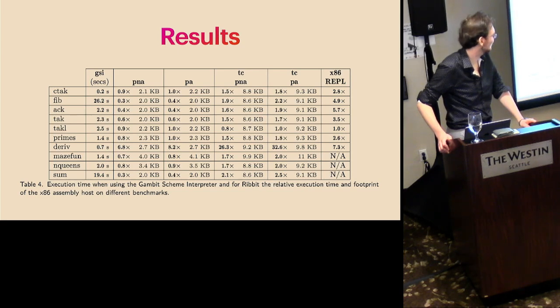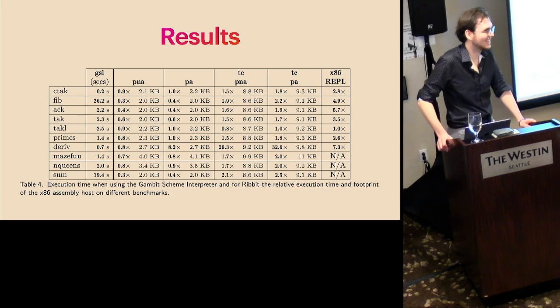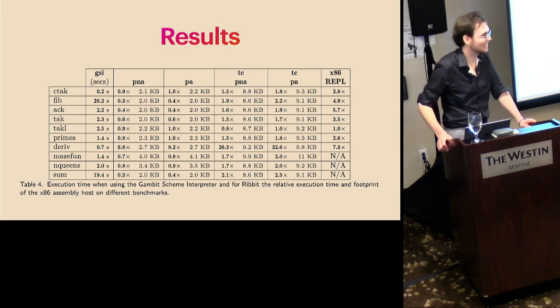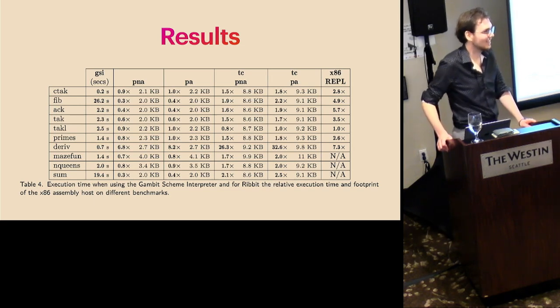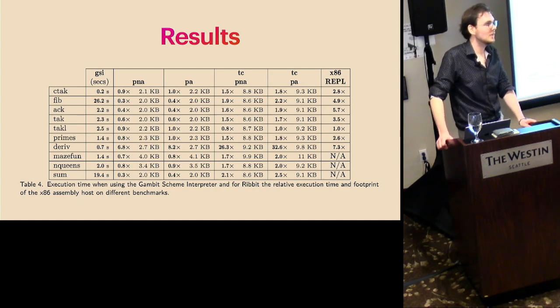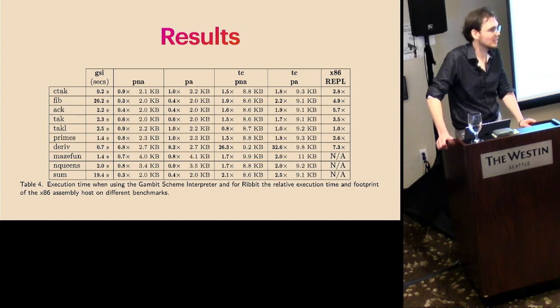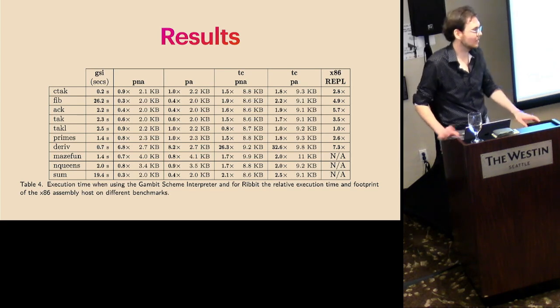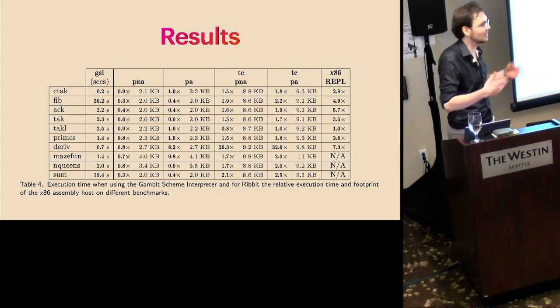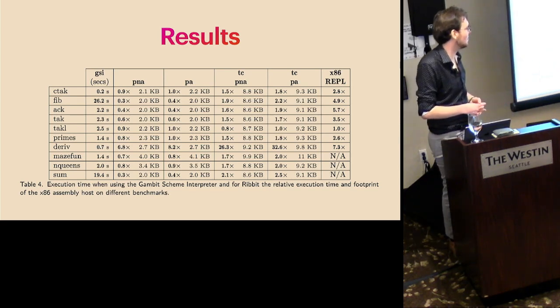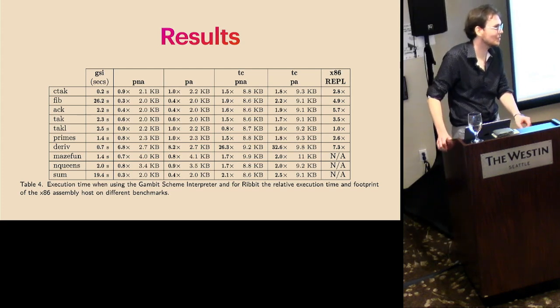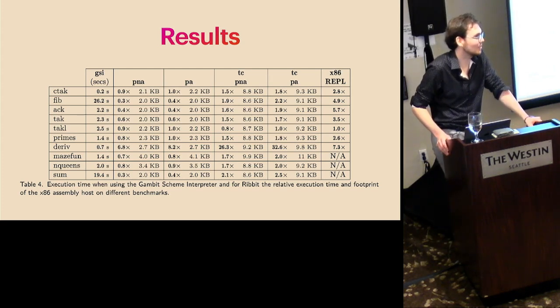For example, fib, ACK, and TAK. Those come from the days when we weren't sure how to do recursion efficiently. So I would advise you to look at some more modern applications. We actually took the benchmarks of Gambit, which historically come from Gabriel, a subset of them, but it would be interesting to try to benchmark on more benchmarks.